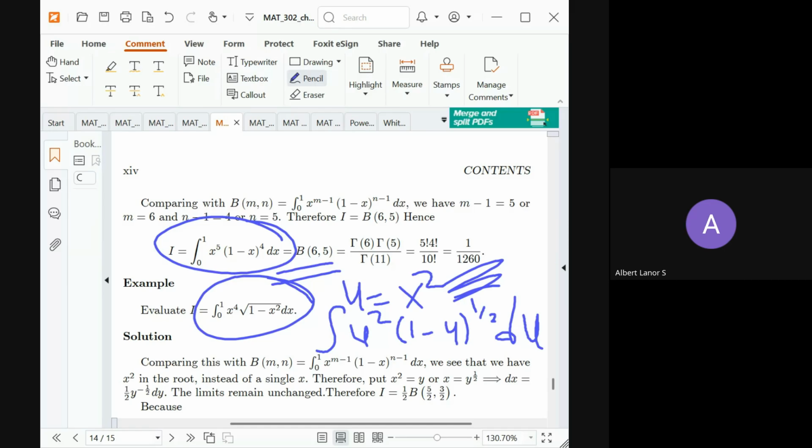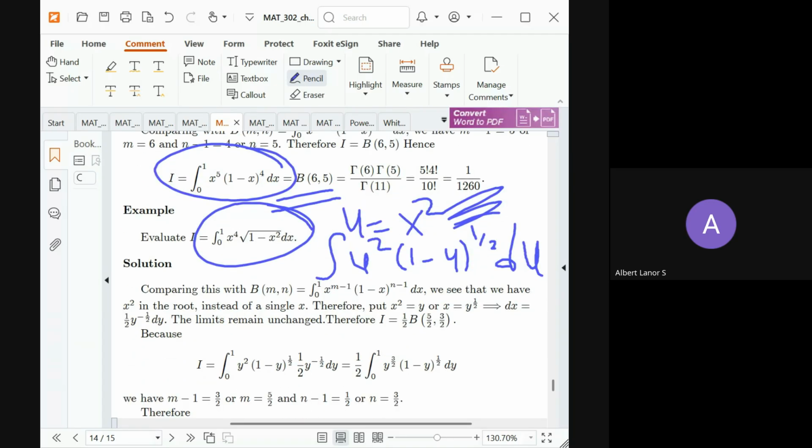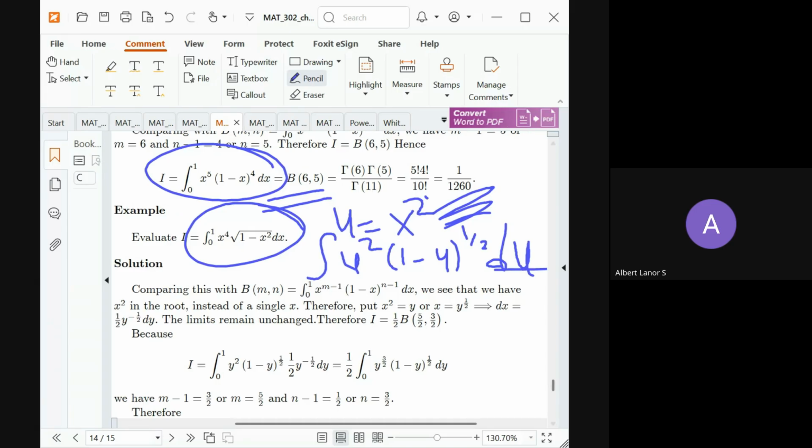Now, if you do, you have 2x dx. So x squared is equal to u, or x is equal to u to the power half. So this one will be 2x dx, then you can bring it out, so this should be over 2. Now you can rewrite it in this way. So please take your time and look at them.